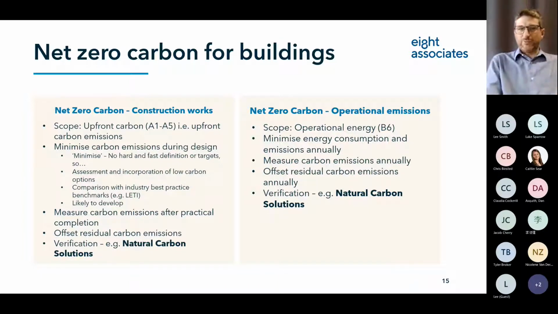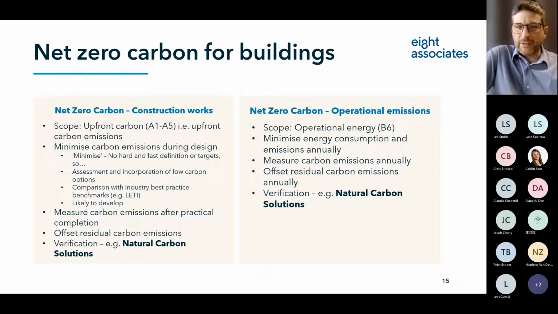So that's construction projects, and then you have buildings which are in operation using energy for heating, cooling, power, that sort of thing. And here you also really need to look at minimizing. That might be through energy efficiency practices, or it might be that a net zero carbon standard or initiative says the building has to meet certain energy performance requirements, then when it gets assessed year on year in the future, for it to be declared net zero carbon.